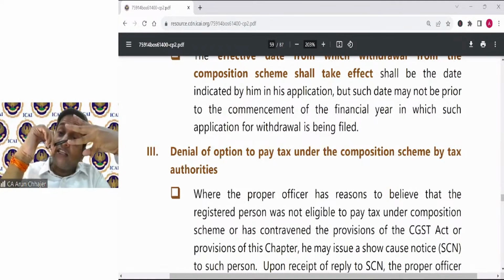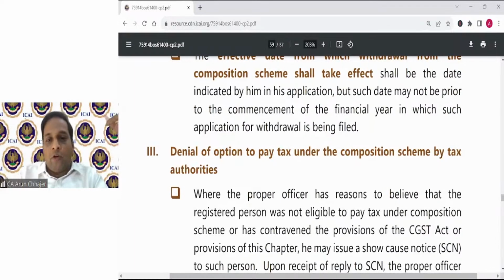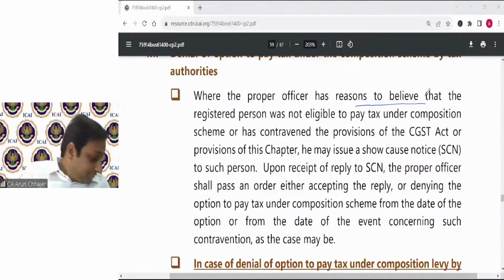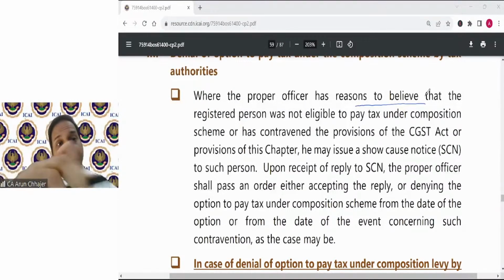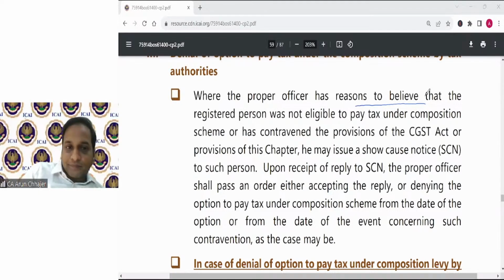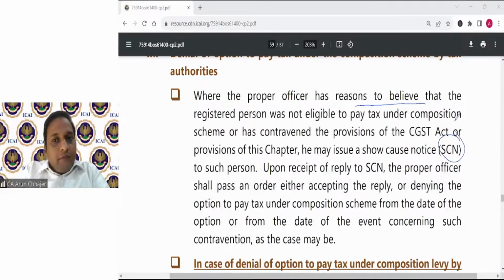Third, we are saying now the specified officer is denying the composition scheme, where the proper officer has reason to believe that the registered person was not eligible under the composition or contravened the provisions of GST, he may issue a show-cause notice to that person.